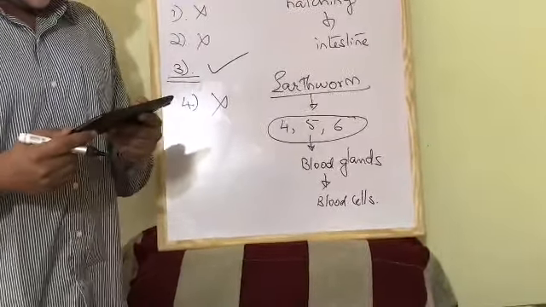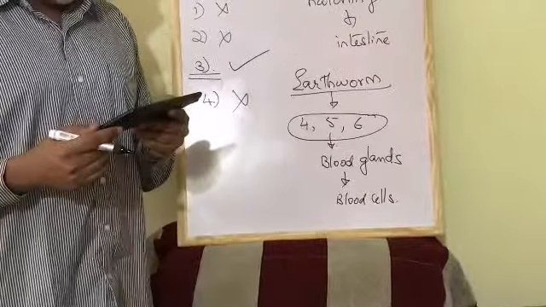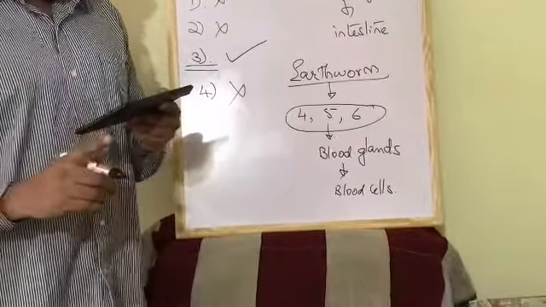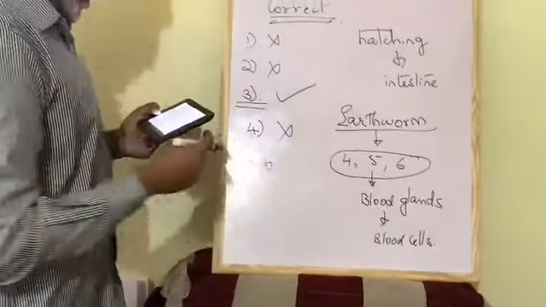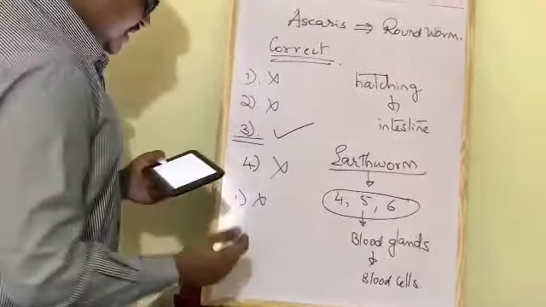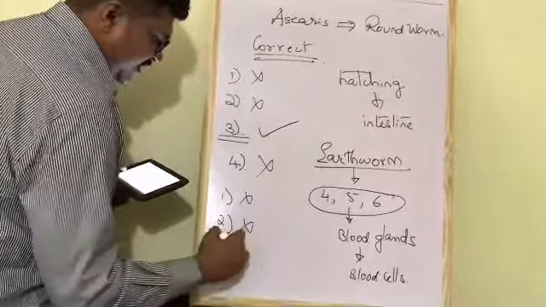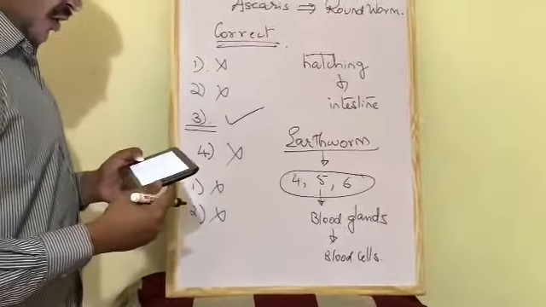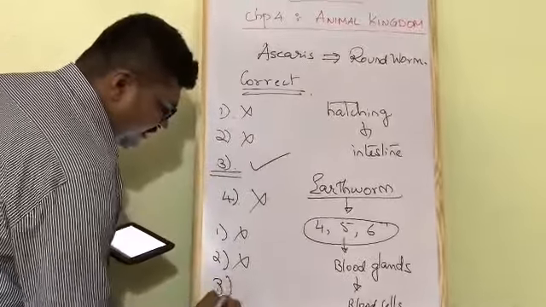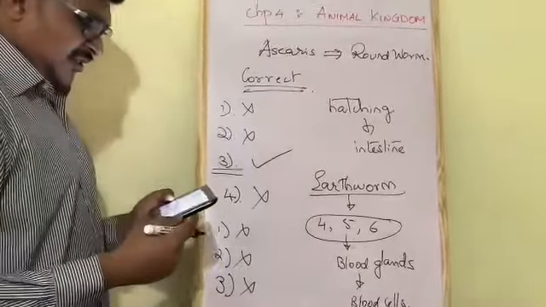Now there are 4 options, you have to choose one answer. Option number 1 is excretion. You already know that there is nothing to do with excretion. Second option is digestion. Again, it has nothing to do with production of blood cells. Option number 3 is reproduction. Option number 3 also has nothing to do with it.